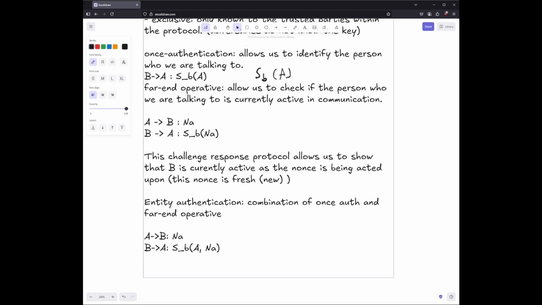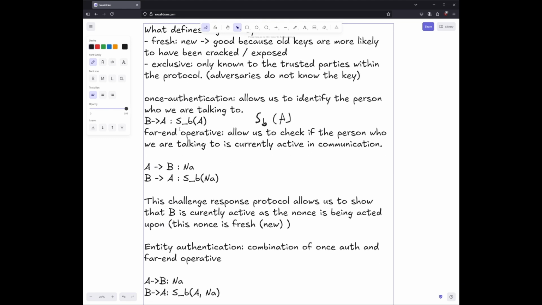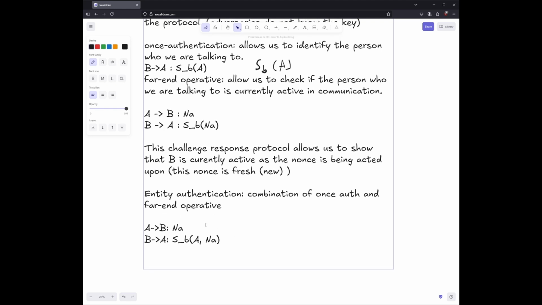In this way, we're combining the attributes of the two things, the nonce authentication and the far end operative, in order to produce this entity authentication. And so it essentially gives us a good solution to check, firstly, the identity of who we're trying to speak to, and also if they're currently active in communication. Cool.